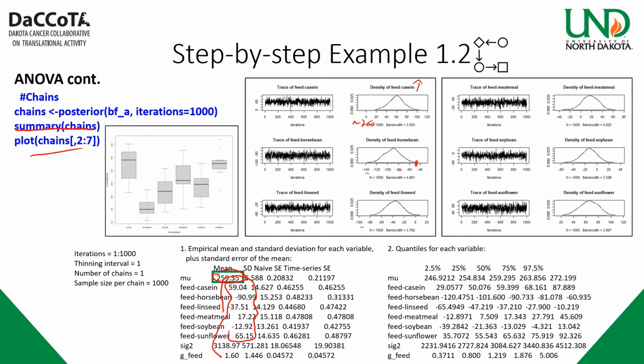And again, here we can see what I'm trying to show. Casein is pretty high, so it's significantly different from horsebean. But if we look at sunflower, the distributions are pretty much identical. Casein and sunflower have pretty much the same distribution, so not surprisingly, that's what we see here for the distribution.